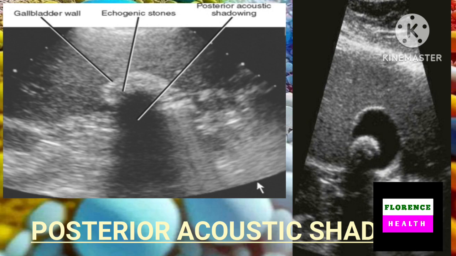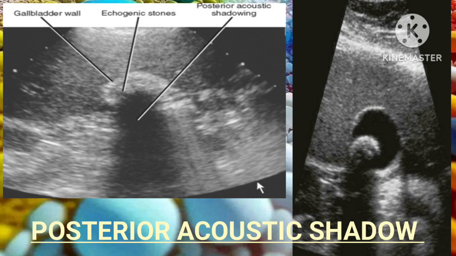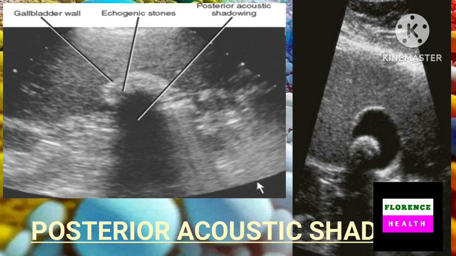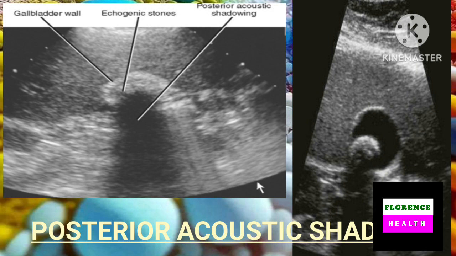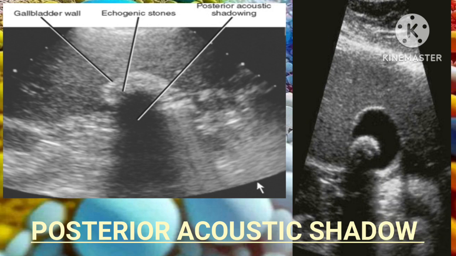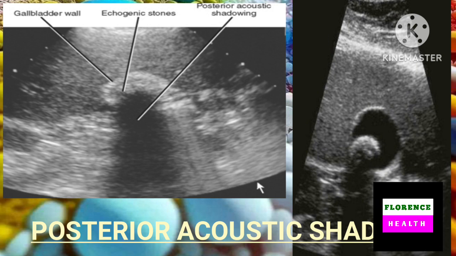This area is posterior acoustic shadow. The higher the echogenicity, the higher the chances of formation of posterior acoustic shadow. In other words, if there is a posterior acoustic shadow in an image, there must be an echogenic focus just anterior to it.